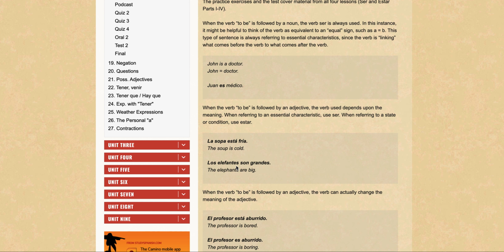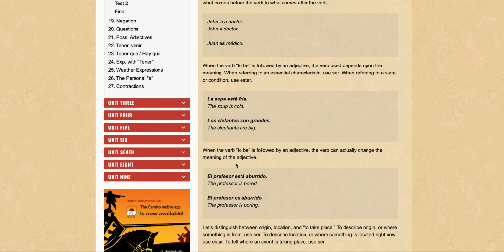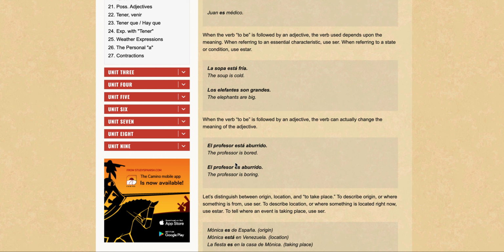The next one on the list is the verb to be followed by an adjective. Depending on if you use ser or estar, the meaning changes. If you change from ser to estar or estar to ser, the entire meaning changes. So el profesor está aburrido.